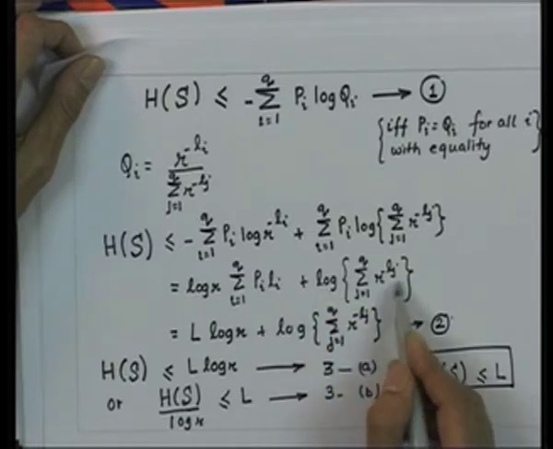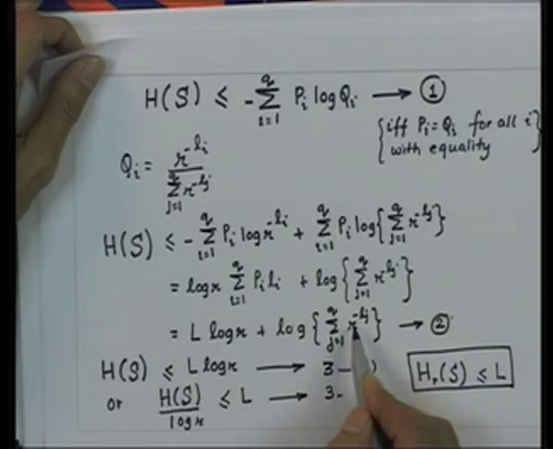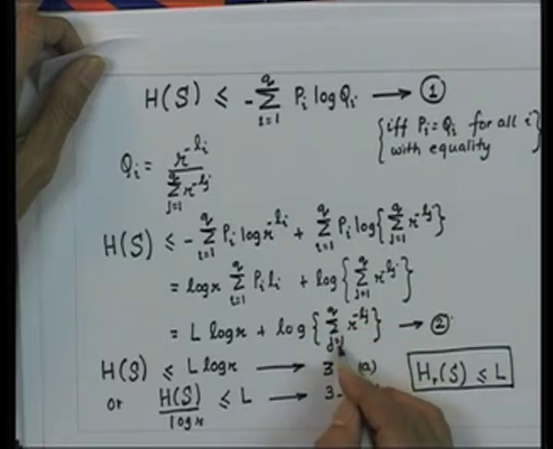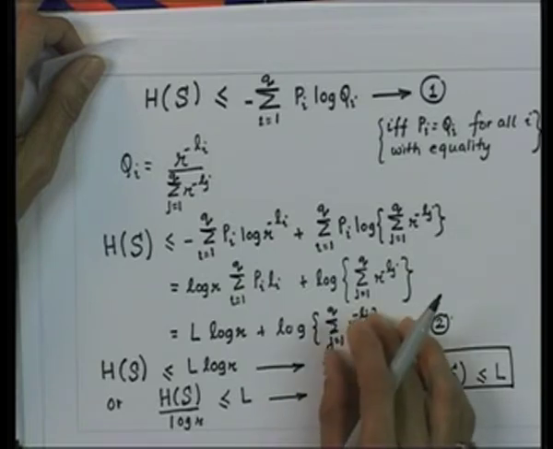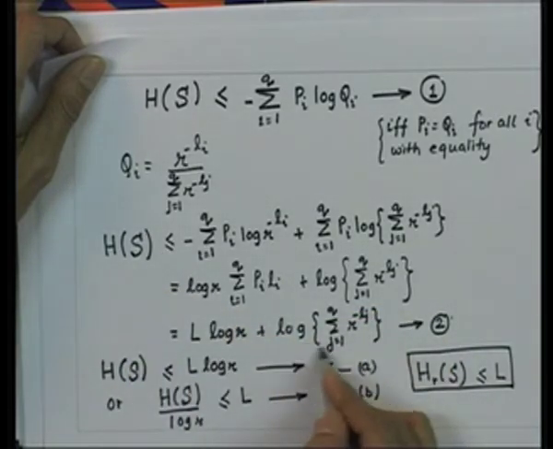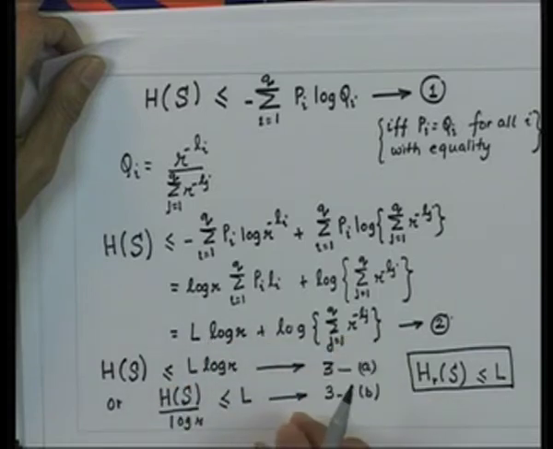So, if we assume that the code is instantaneous, and we assume one more thing, that the summation over j equal to 1 to q of r to the power minus Lj is equal to 1, then this will be an equality. So, this will not be dropped out from this expression.